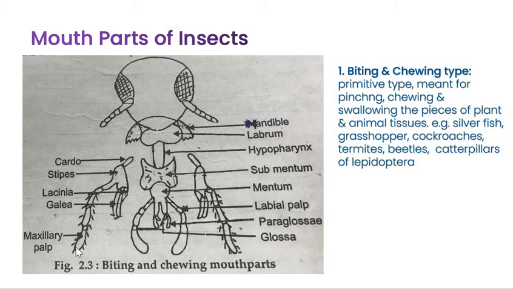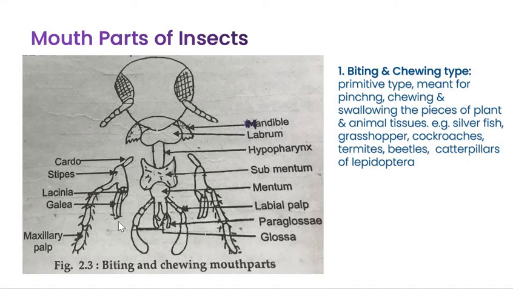Now the endopodite is made up of two lobes. Here you can see endopodite, because they are present at the inward side. So again it constitutes two parts, inner one that is lacina and outer one that is galea, right? The main role of such an endopodite is acting as a taste bud, and they are often employed for grasping of the food and cutting or chewing of the food material.